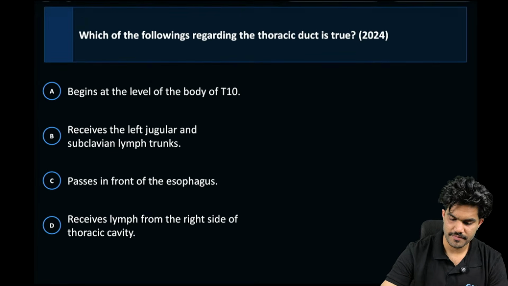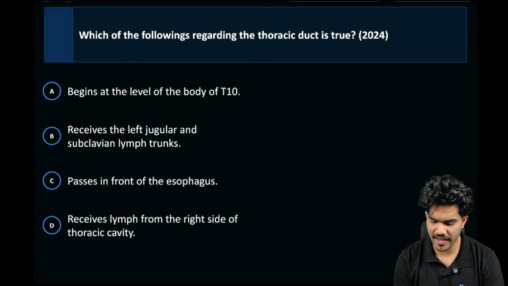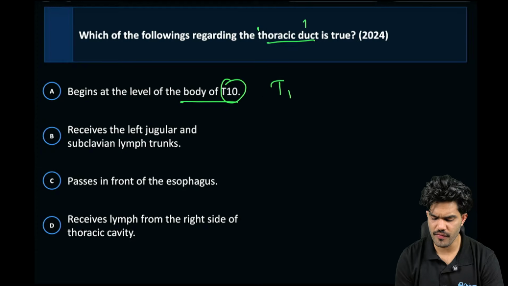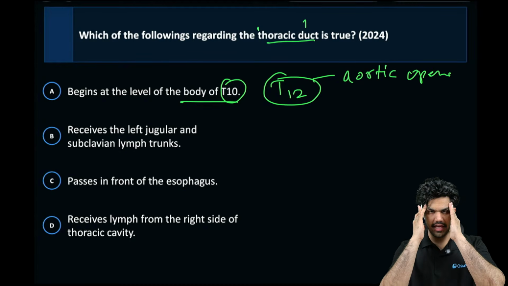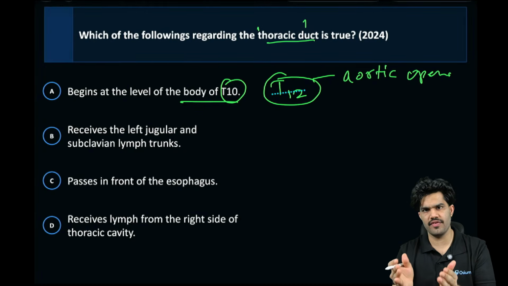Let's see. Which of the following regarding thoracic duct is true? Begins at the level of body of T10? No, at the level of T12, where the aortic opening is originating. If they ask about esophagus ending, just think about the esophageal opening.